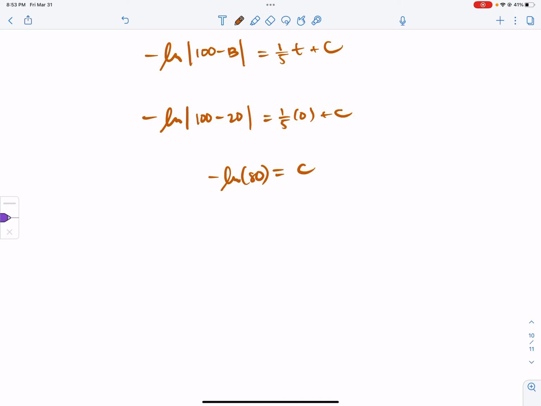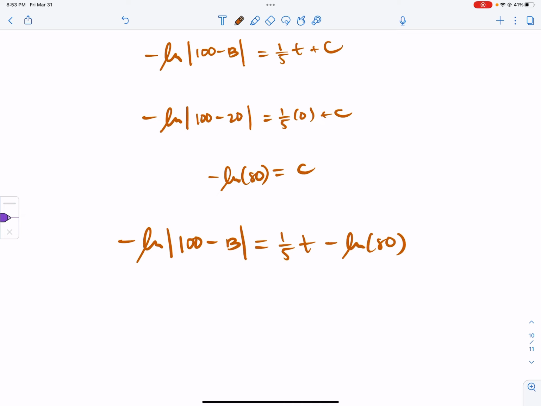So we have negative natural log of the absolute value of 100 minus B equals 1/5 t minus ln of 80.